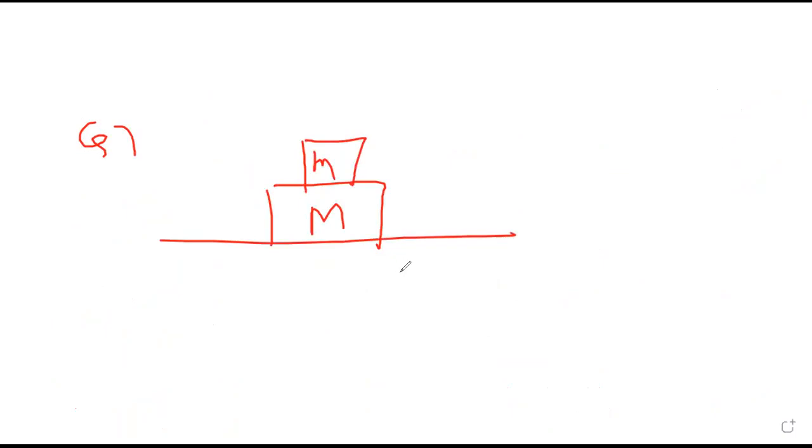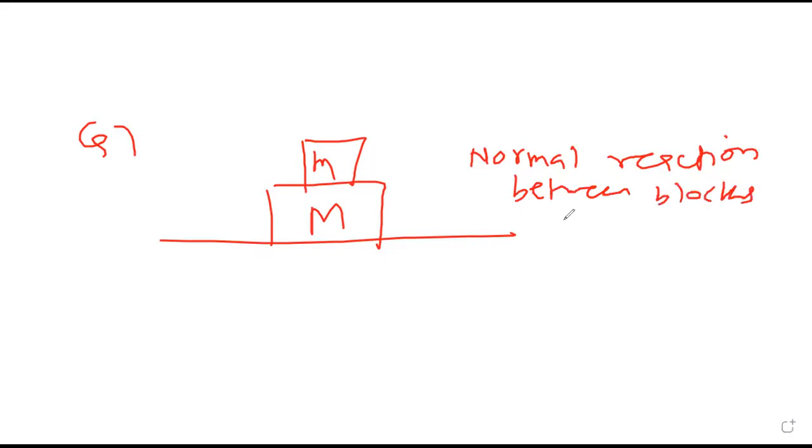One more. This is one block of mass capital M. On that we have a small block of mass small m. What is the normal reaction between the blocks and the normal reaction between the surface and mass capital M?